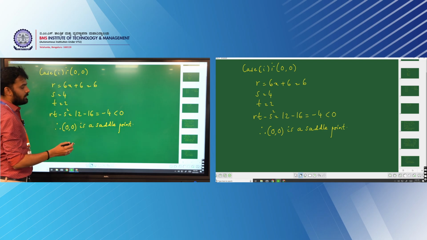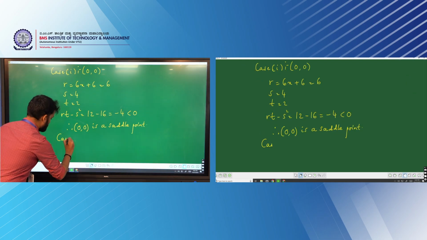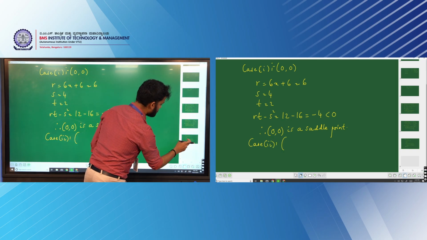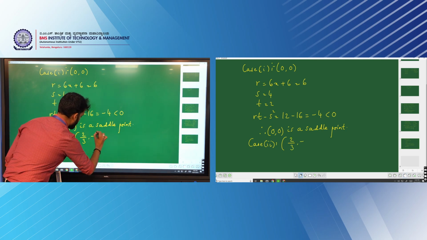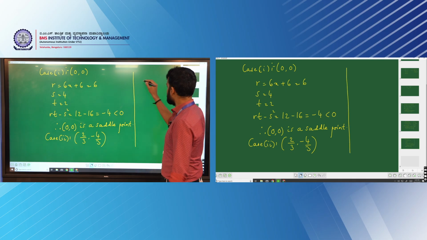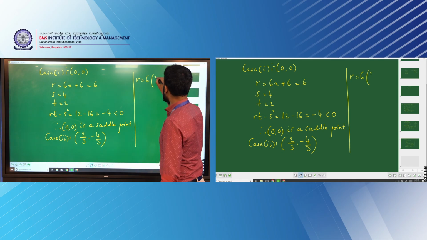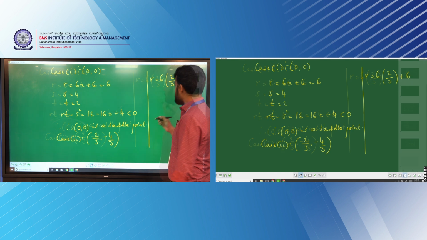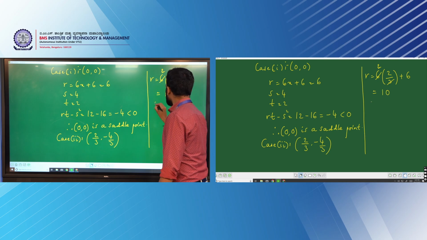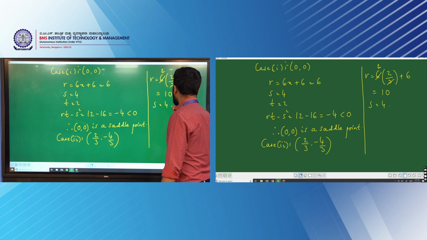Now let's quickly look into the next point. Case 2: the point is 2 by 3 comma minus 4 by 3. So let's find r, s, t. R was 6x plus 6, which is 6 into 2 by 3, that is 4, plus 6, is 10. S and t are not going to change. S is 4, t is 2.